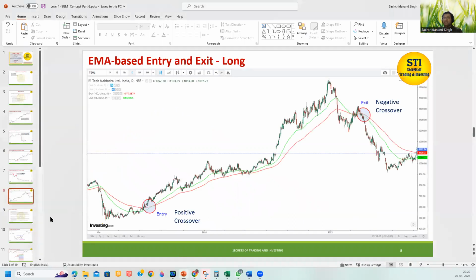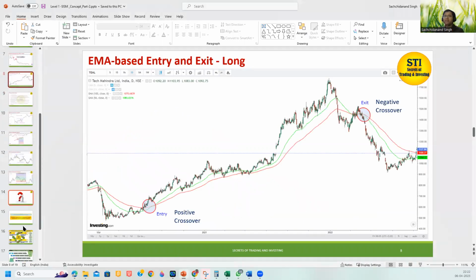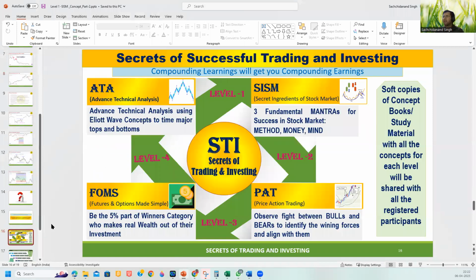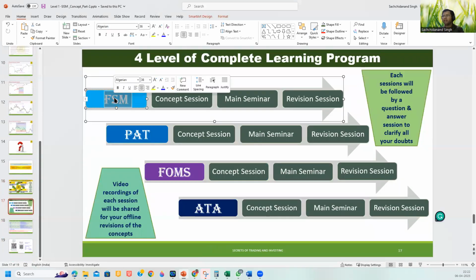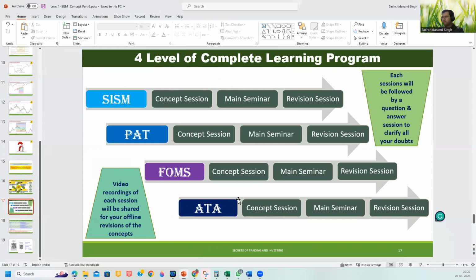I'm just trying to share the complete learning plan. This one I have already shared, and the name was the SISM. There are some people who are added here maybe for the first time.